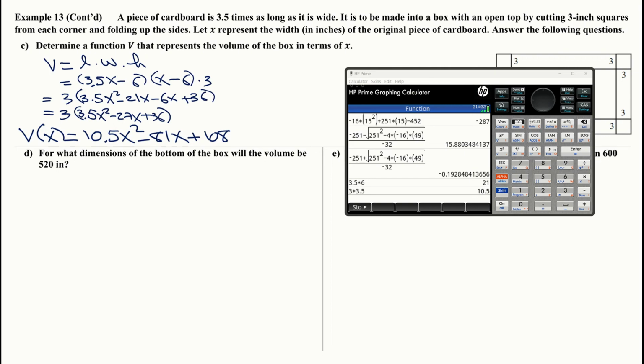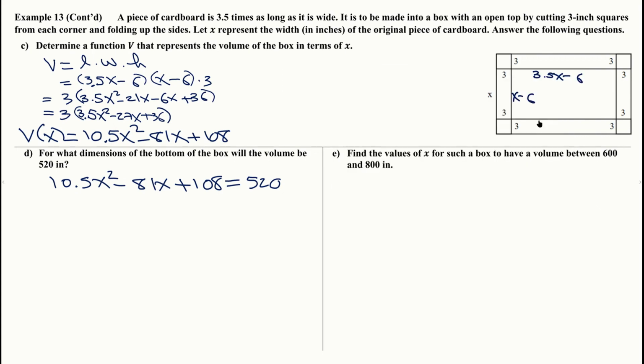For what dimensions of the bottom of the box will the volume be 520 inches? So basically we want the volume formula 10.5x squared minus 81x plus 108. We want that volume to be 520. That's all. So we just need to solve that for x, and then we can find the dimensions really easily.